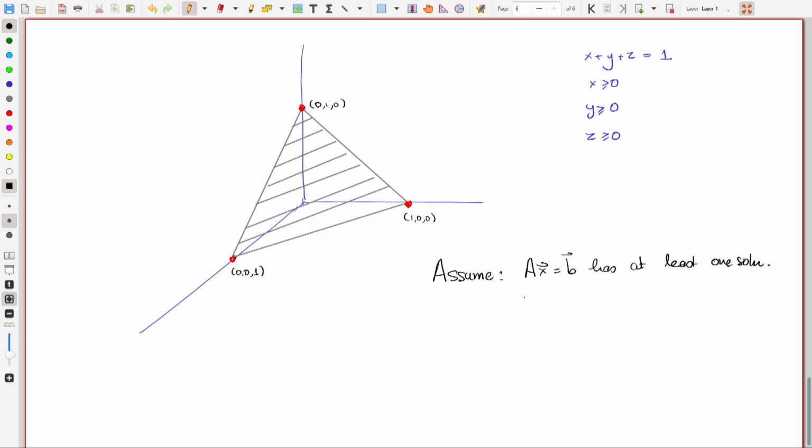So, we will assume that the rows of A are linearly independent. That means, the equations that we have do not depend on each other. You cannot eliminate one of the equations by doing something with the other equations. So, you can always remove redundant equations. Okay, so these are the 2 assumptions.